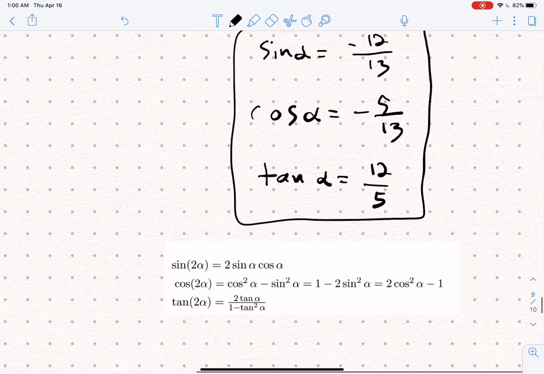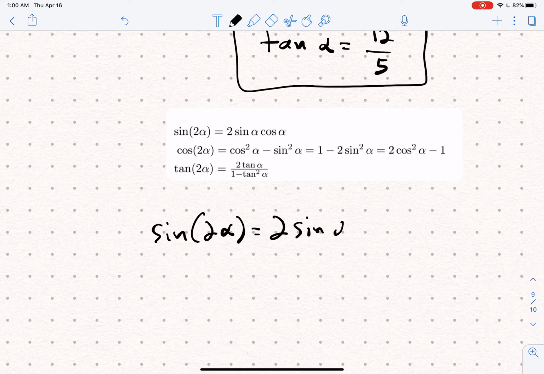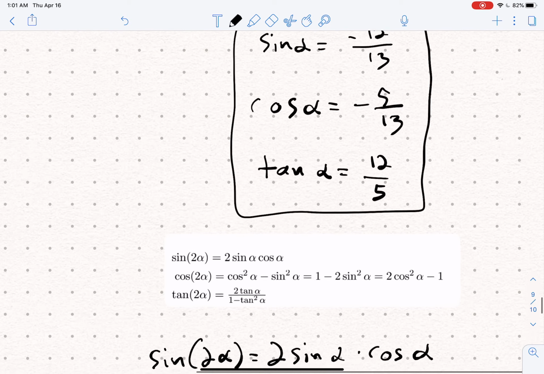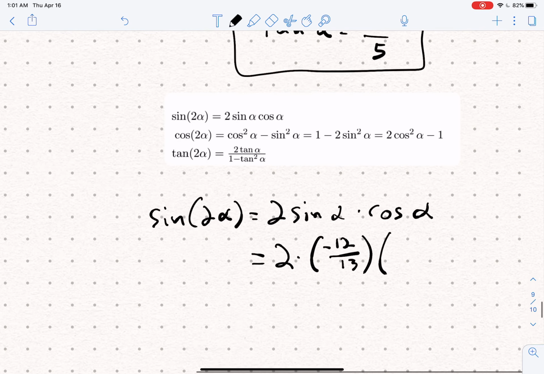Excellent. Here we go. Let's find sine of 2 alpha first. Sine of 2 alpha is 2 times the sine of alpha times the cosine of alpha, which is 2 times negative 12 over 13 times negative 5 over 13.